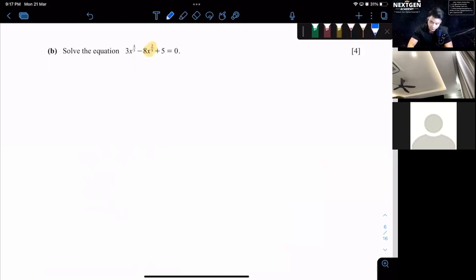My goal is I want ax squared plus bx plus c equals to 0, because this is a quadratic. So how can I write it? I can let y equals to x to the power of 2/5. So we can simplify this one first. So it can be written as 3. For the benefit of everyone, I'll just write it so that you don't have to write until so detailed.